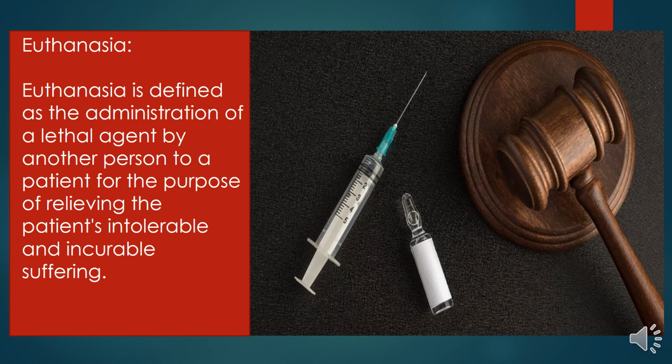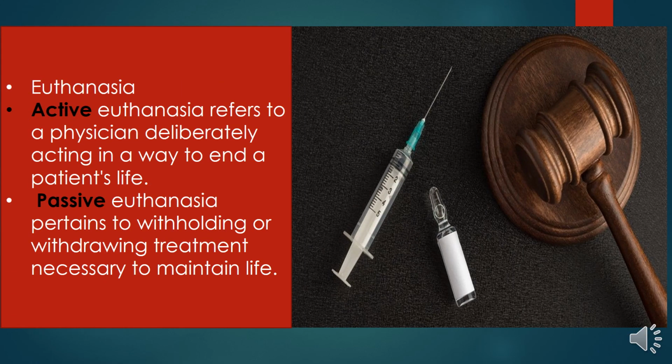So what is euthanasia? We say that it is an unethical act. Euthanasia is defined as the administration of some fatal or lethal agent by another person to a patient for relieving some intolerable or incurable suffering of the patient. Euthanasia can be active or passive. Active means purposely giving someone a lethal dose of sedative.